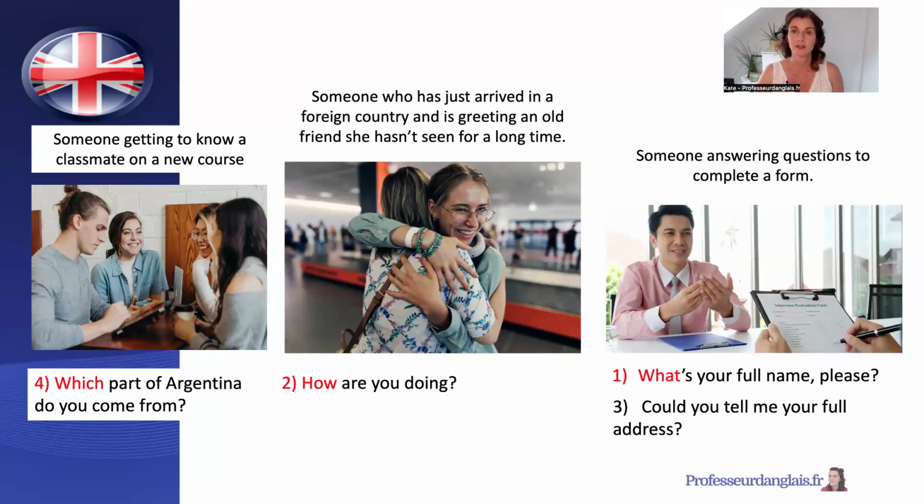Number 5, how was your flight? How was your flight? Number 6, did you have a good journey? Did you have a good journey? Number 7, what's your marital status?